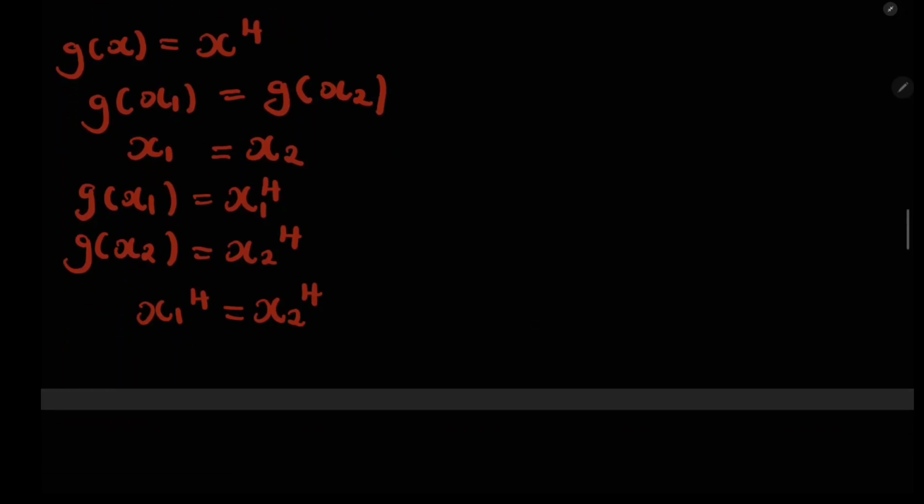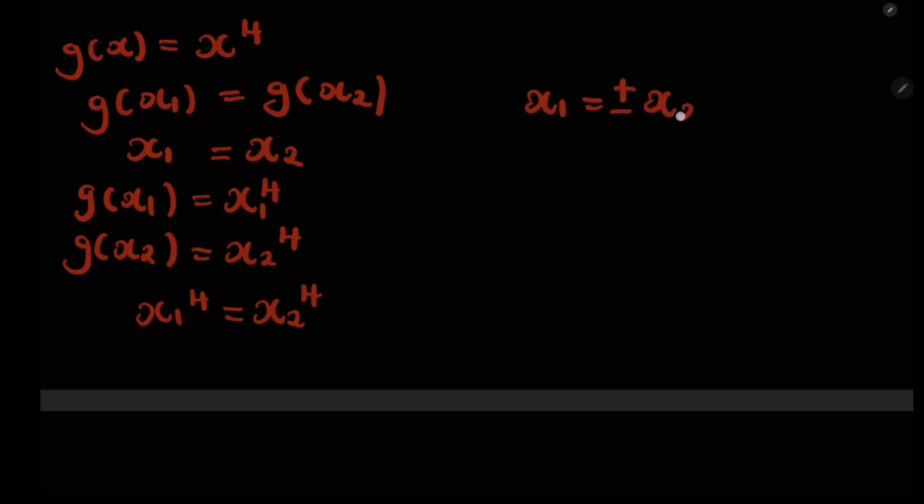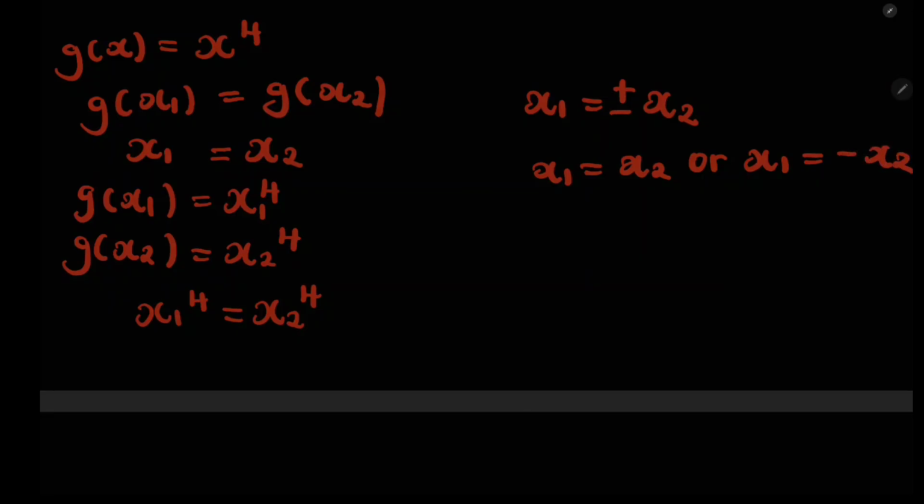In this case, we have two conditions. Here we have a condition x1 equal to plus or minus x2. So from there, we are going to be having x1 equal to x2 or x1 equal to minus x2. These are the two conditions we are going to be having.